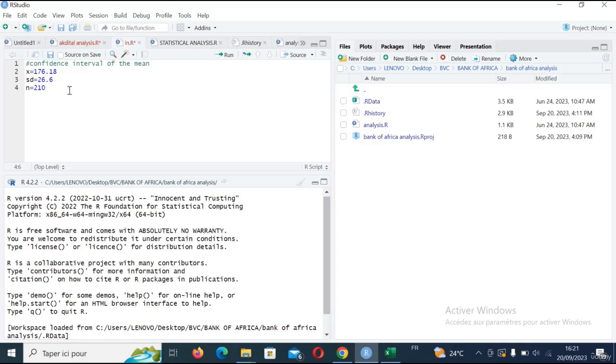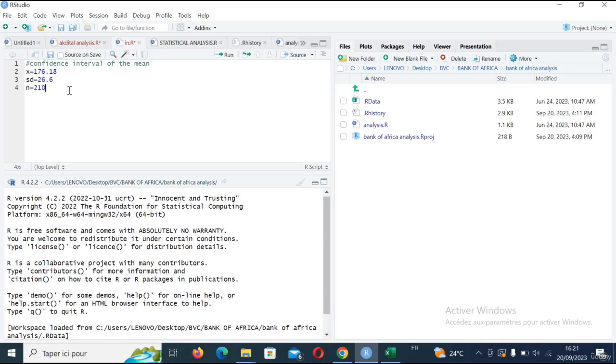The formula is the mean, x bar, minus or plus, and we're going to approximate it with the normal law distribution, the famous one.